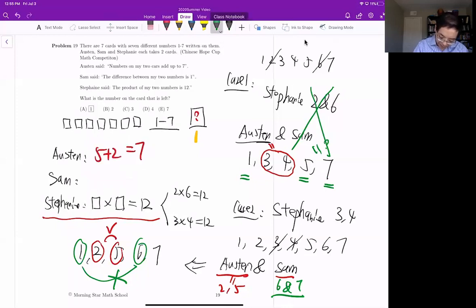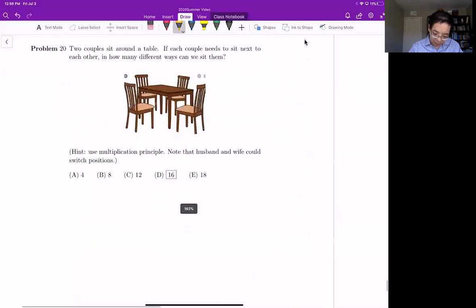For Sam, 7 minus 6 equals 1. And for Stephanie, 3 times 4 equals 12, right? So that's the distribution of cards. What is left behind is the 1. All right.